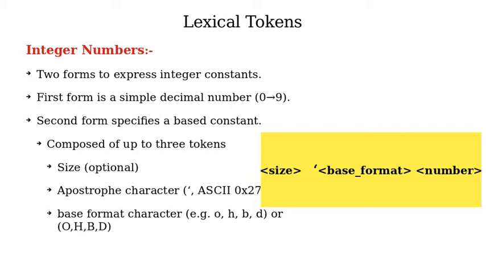The ASCII code for the apostrophe character in hexadecimal is 27. Base format characters are O for octal, H for hexadecimal, B for binary and D for decimal. We can also use these base format characters in capitals.